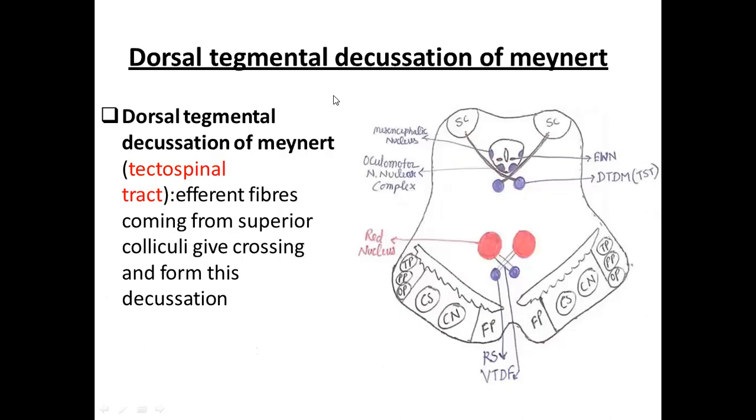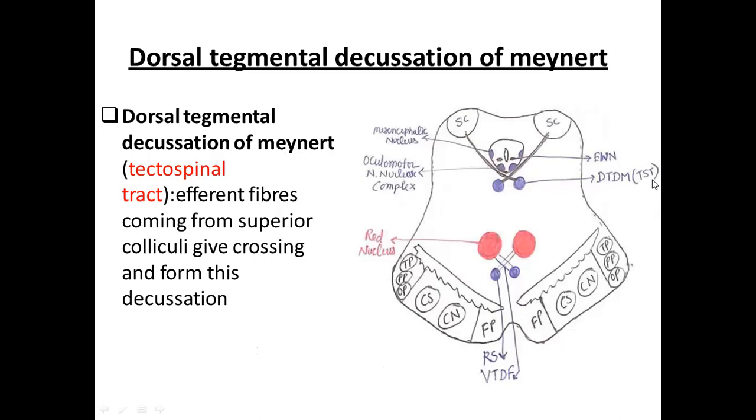Dorsal tegmental decussation of Meynert, you can see here. The dorsal tegmental decussation is nothing but the dorsal tegmental decussation of Meynert. TST is nothing but the tectospinal tract.